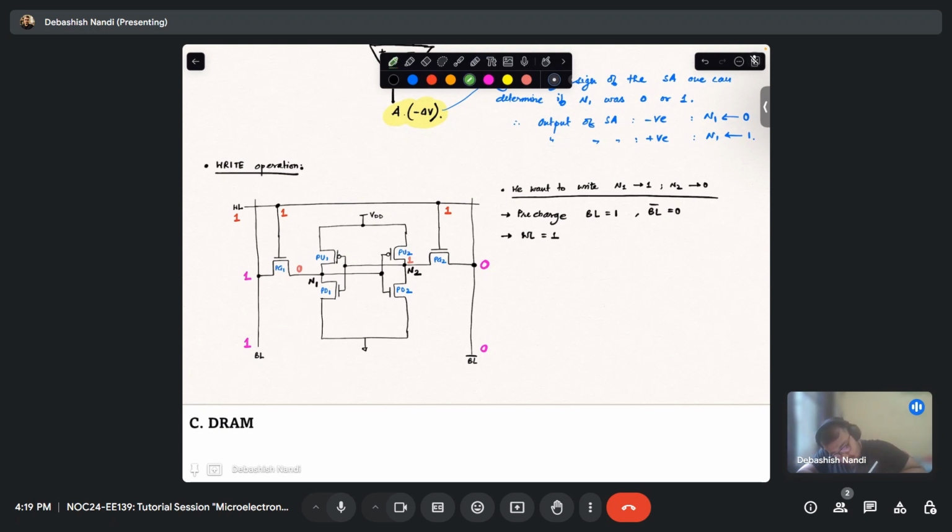This is also conducting, this is also conducting. Fine. Okay, so node voltage at this point, this node voltage, let me show it with green, node voltage increases. In this case, node voltage decreases. That means your 0 is turning to 1 and your 1 is getting to 0. Fine. You understood, right?